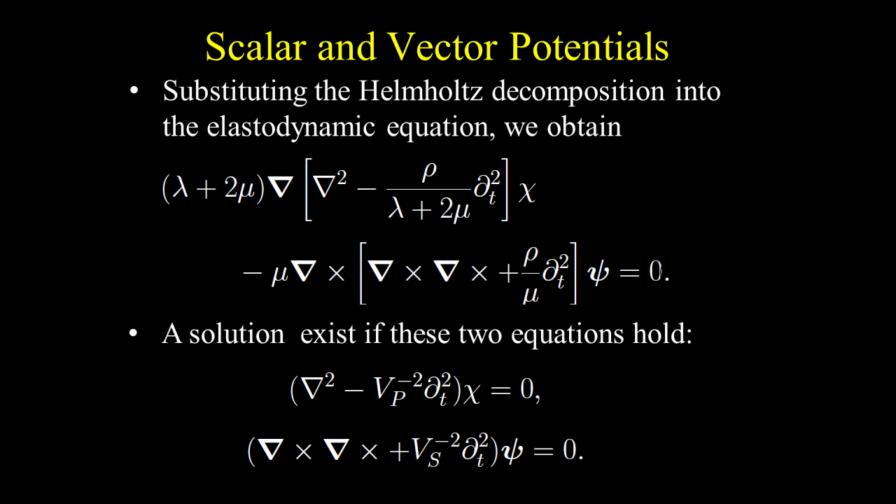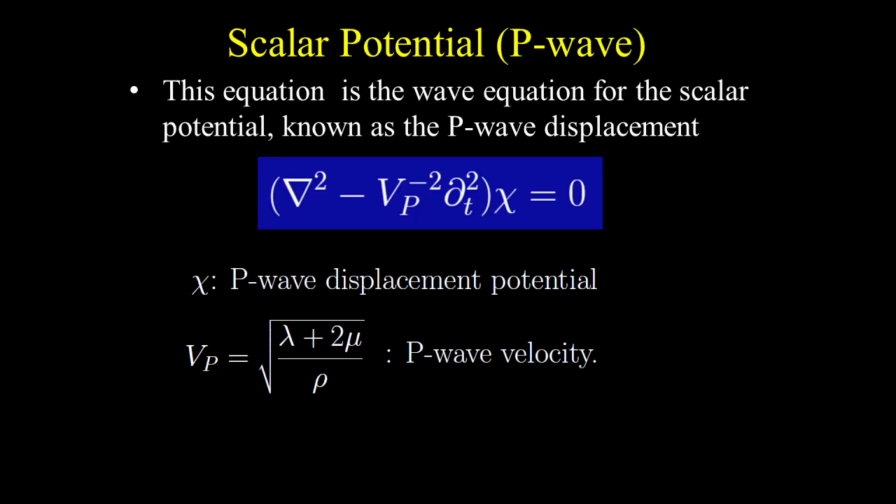One equation for the scalar potential, that is for P wave, and one equation for the vector potential, that is for S wave. This equation is the wave equation for the scalar potential, known as the P wave displacement.